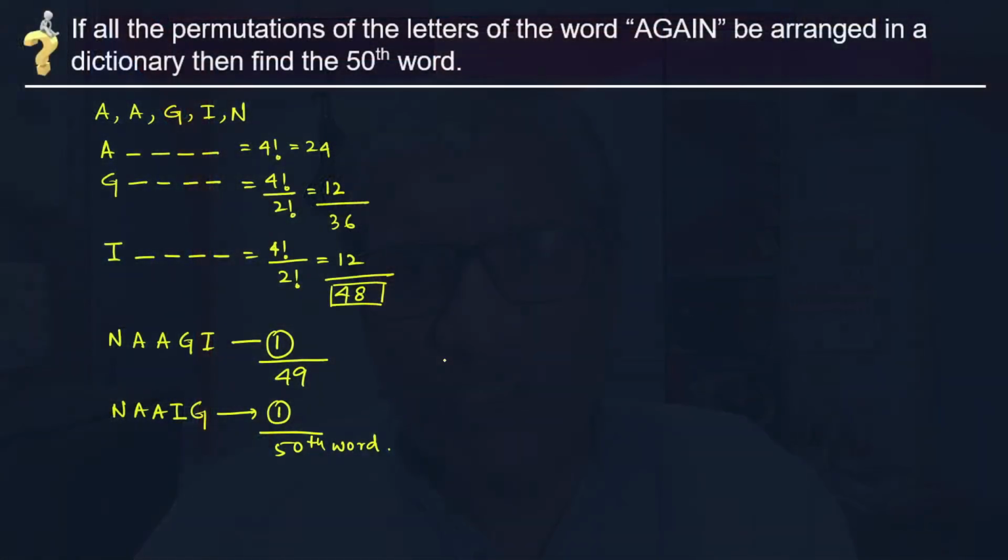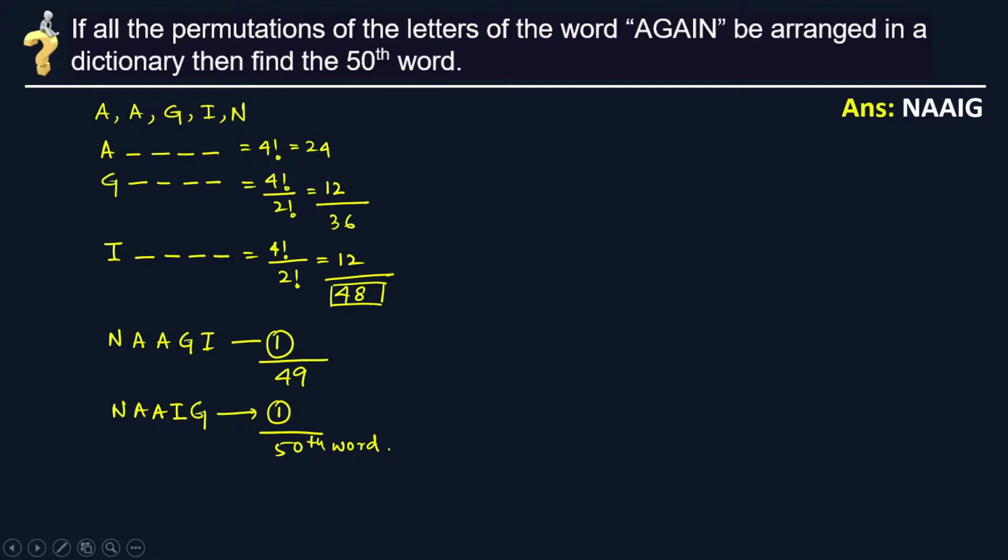So the 50th word will be N, A, I, A, G. Is it clear to all? Absolutely. So I hope now your dictionary problem, the rank problem, is clear to everyone, right? So that's the answer, NAIAG, that is our 50th word.